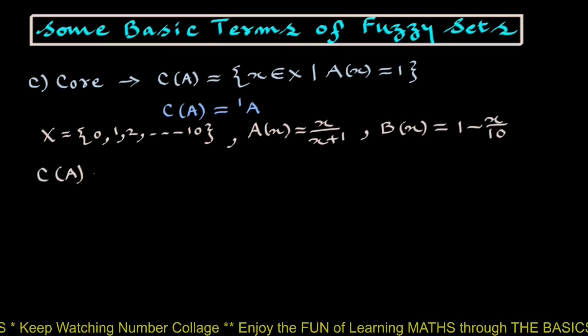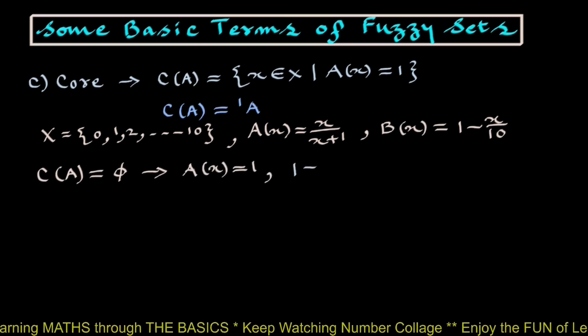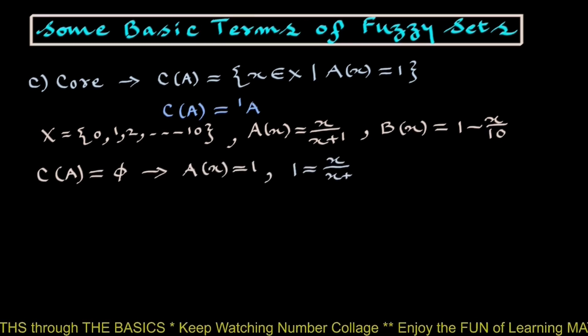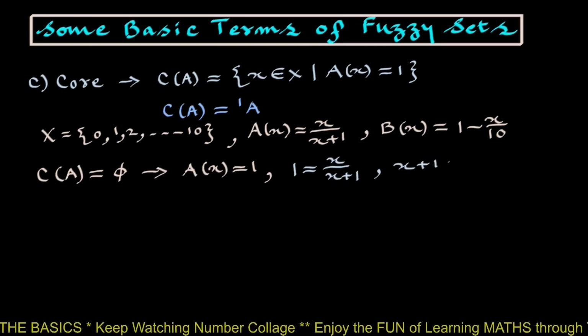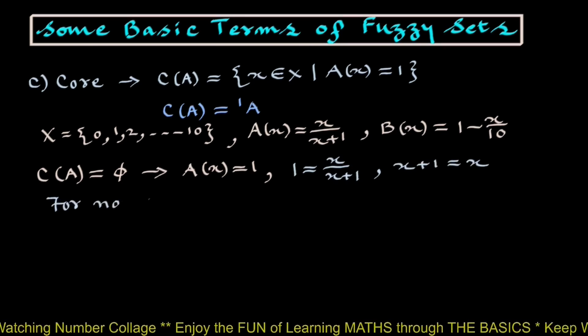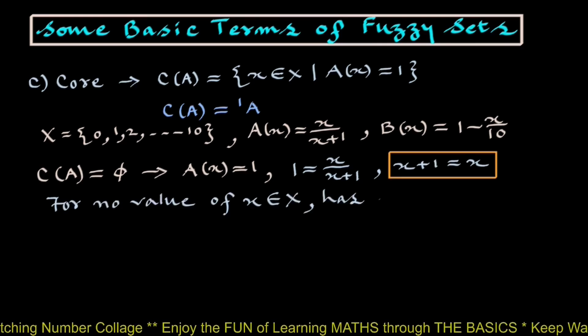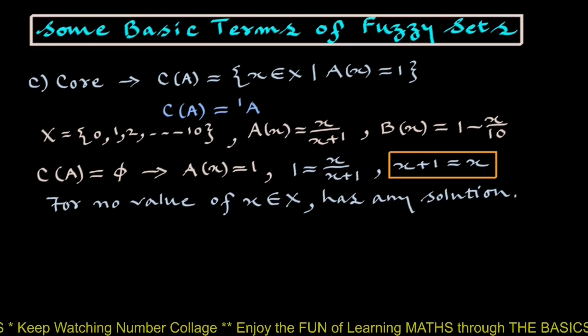Core of A is phi because if A of x is 1, 1 will be equal to x upon x plus 1, that is x plus 1 equals x. We see that for no value of x belonging to capital X, this equation has any solution. Hence C of A is phi.